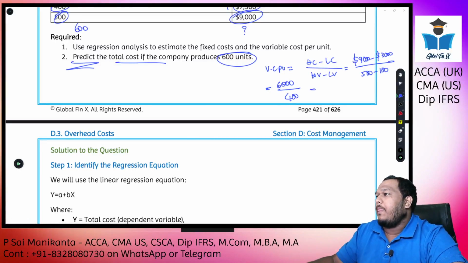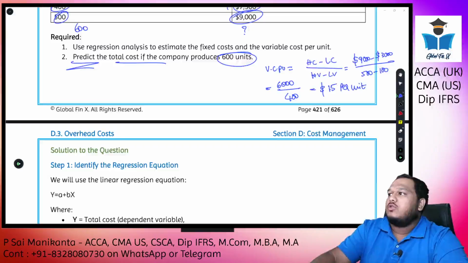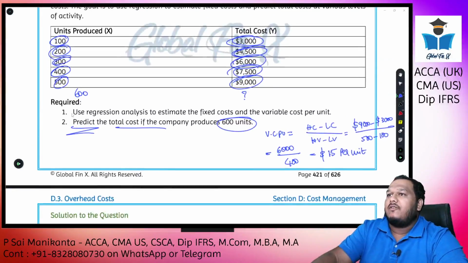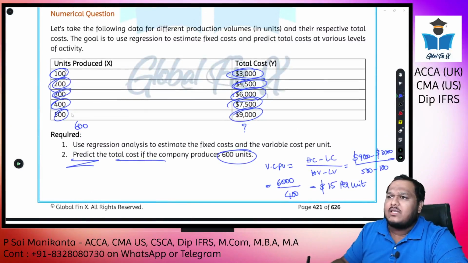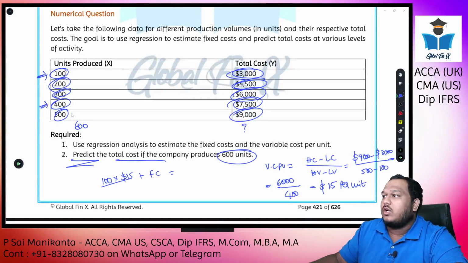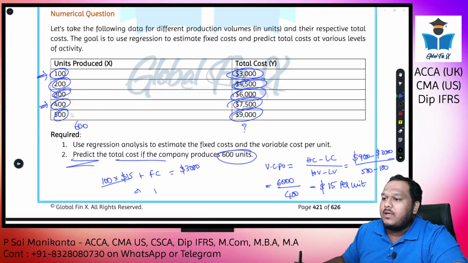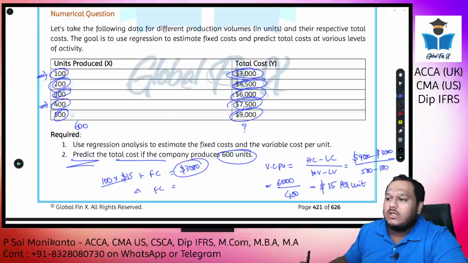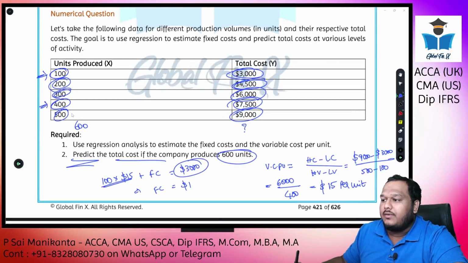So $15 per unit is the variable cost. Substitute that in any one of these levels, lowest or highest. If I take 100, then 100 into $15 is the variable cost, plus fixed cost is equal to total cost, $3,000. So fixed cost is equal to 3,000 minus 1,500.